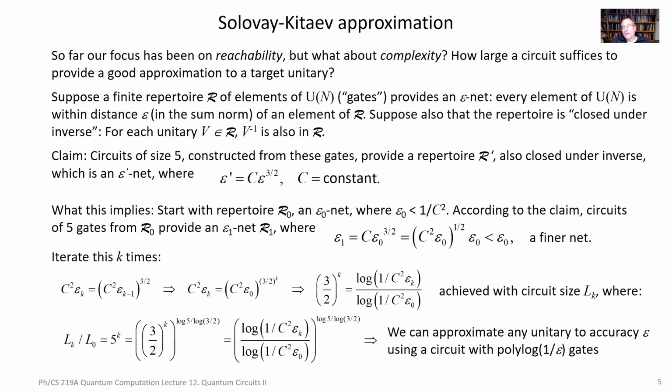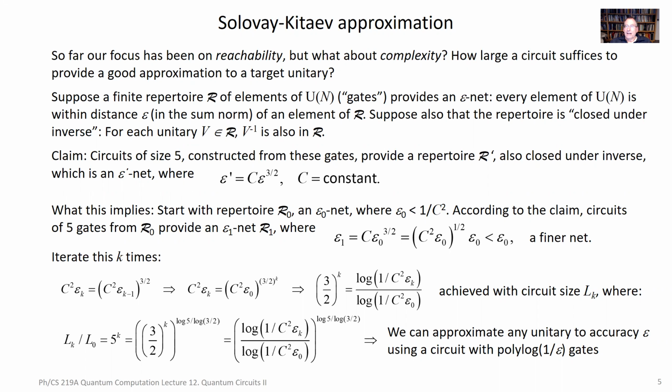And I'm going to have an epsilon net because there's no reason why I wouldn't get one. Because of density, we know we come as close as you please to every element. So for some epsilon, which isn't terribly small, I can get an epsilon net by composing rather small circuits. I could just generate them randomly until I get the epsilon net. It won't take long.